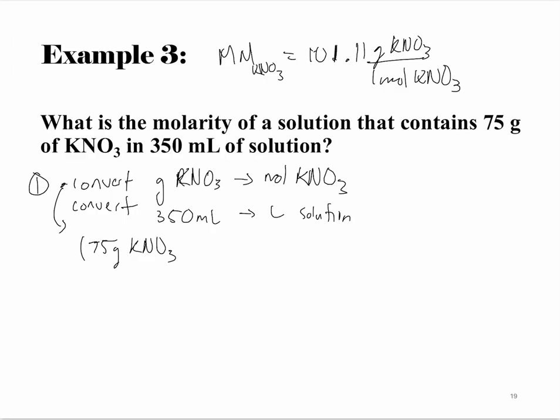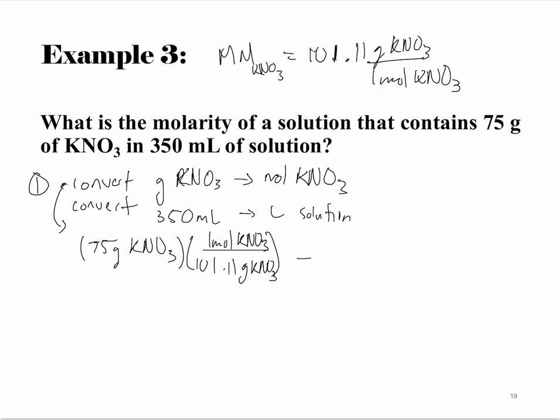And then how do we use this molar mass? What goes in the numerator and what goes in the denominator? One mole in the numerator, right, because we want to end with units of moles. In the denominator, we have 101.11 grams potassium nitrate.